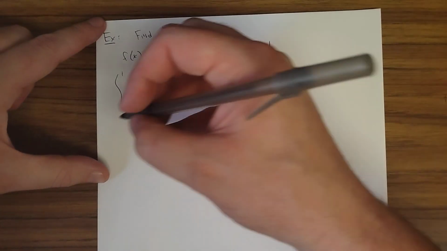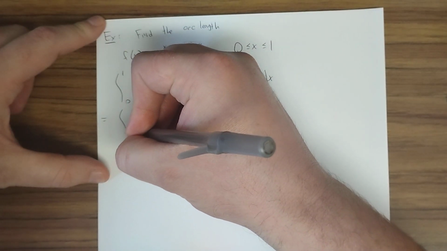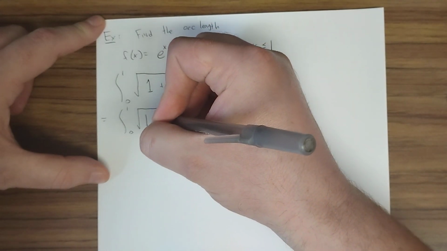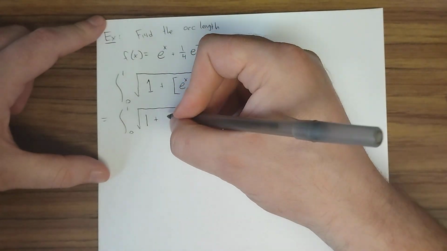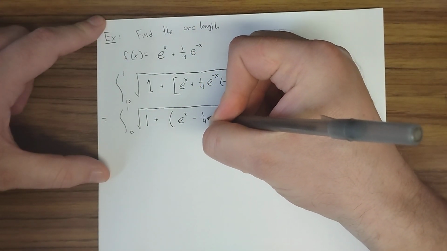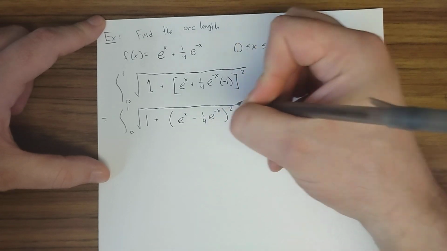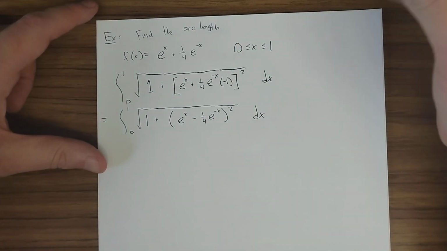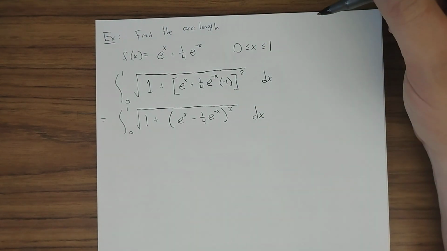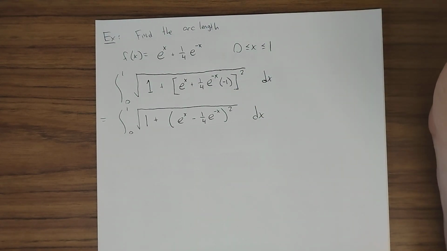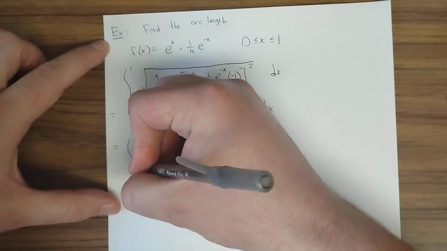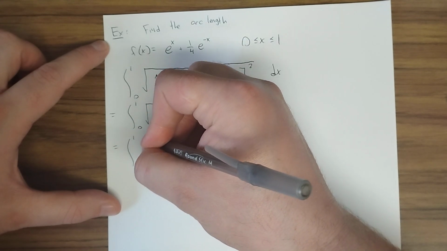So what happens here? I am really not going to do too much in this step. It's -1/4 e to the minus x. Okay, I barely did anything. We want to square this out because we have kind of an algebraic mess to deal with here. How does this go?